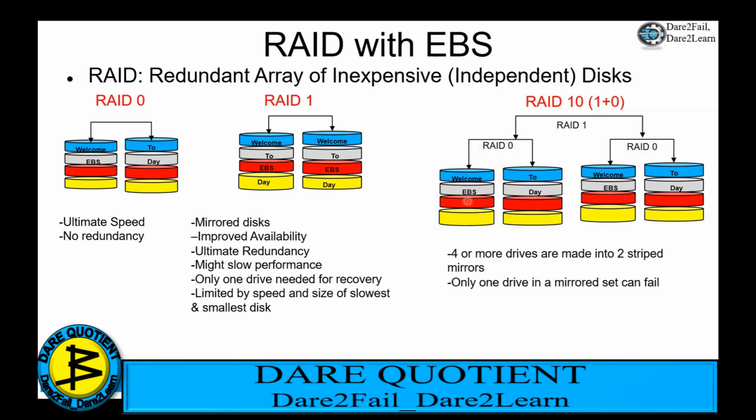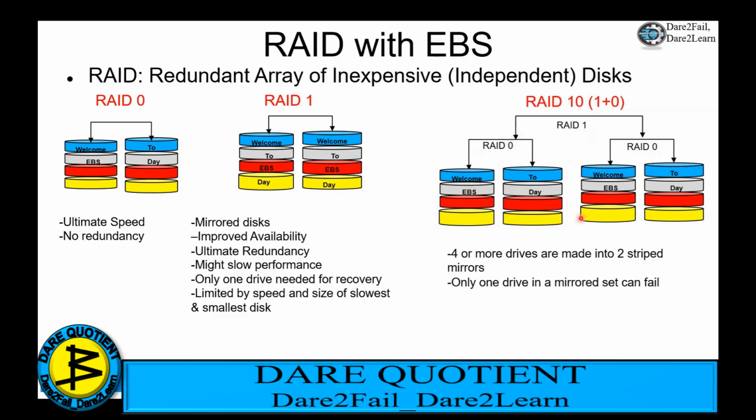RAID 0, as I mentioned previously, is where your data is split evenly between your hard drives. Once you split your data between your hard drives, you get a RAID 0. That is a RAID 0 right over here, the first 2 hard drives.